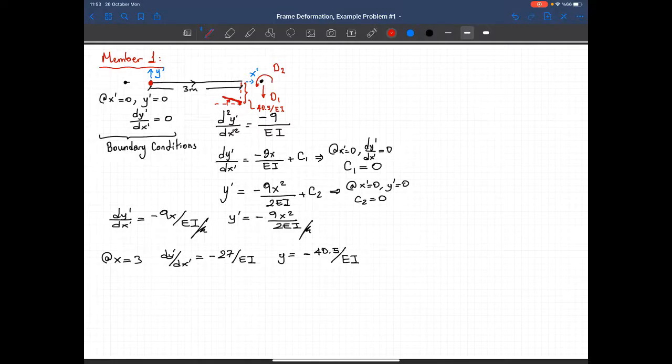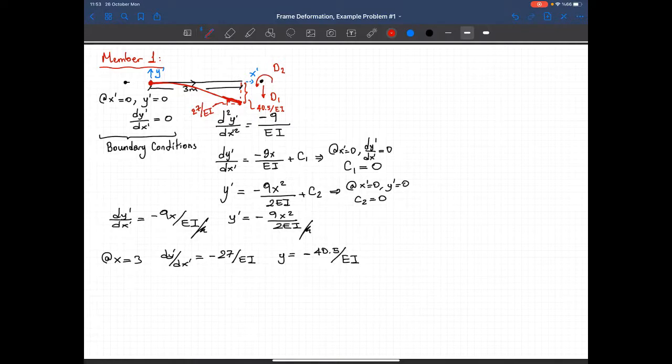I have a clockwise rotation and the magnitude is 27 over EI. What about the variation? Variation of the transverse displacement is quadratic. So I have zero slope here and then it moves this way. So that's the deformed shape of the first member.